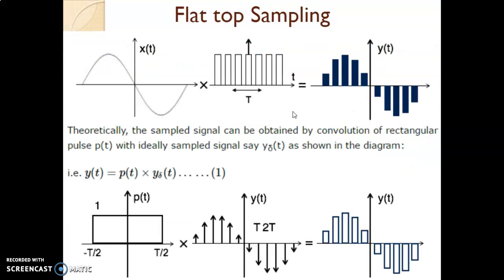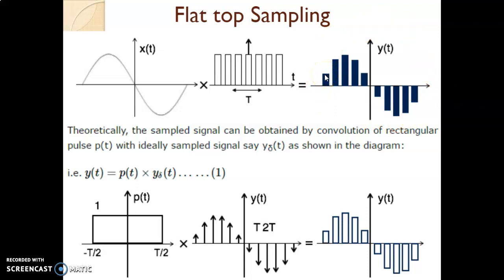The third type of sampling is flat top sampling. In flat top sampling you have the same impulse train which you are multiplying, but the only difference here is that you have some holding device connected into your circuit, and because of that, the output you get has tops that are flat.